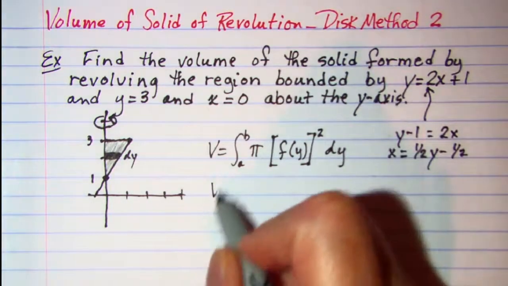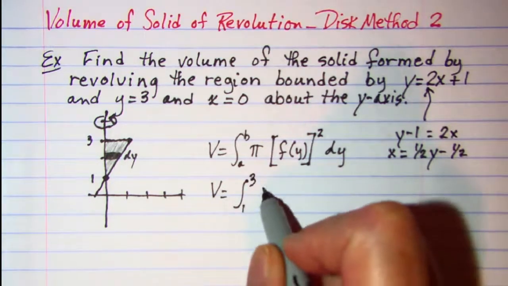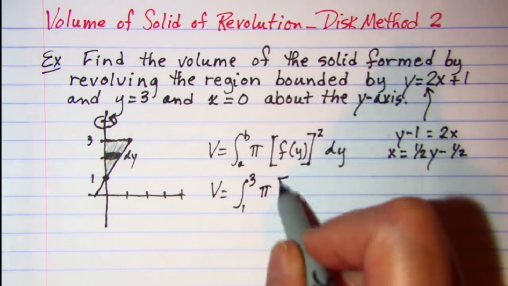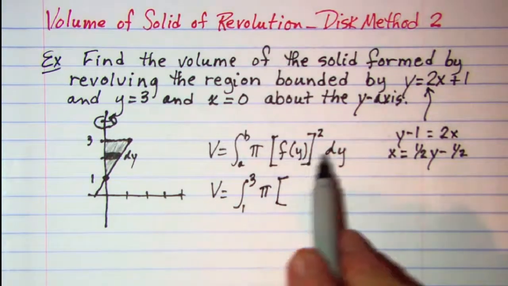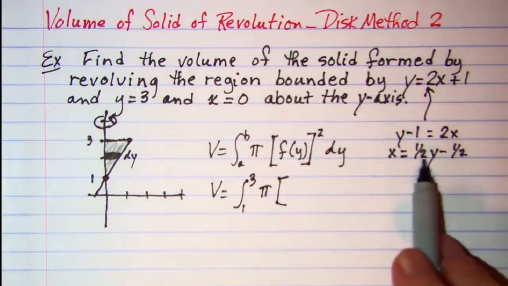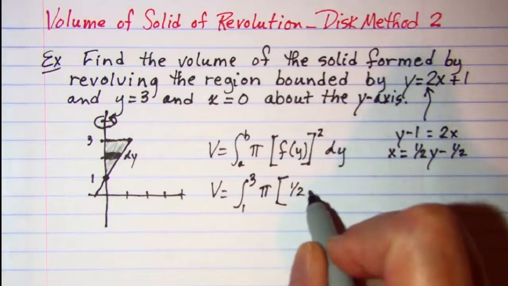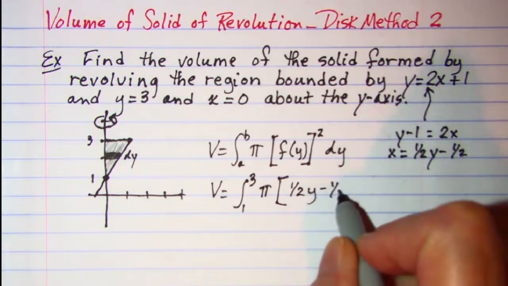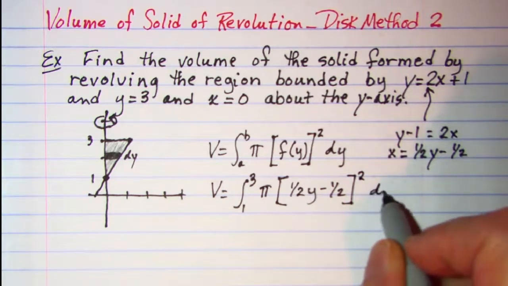So my volume is the integral from 1 to 3 of pi, and then I need to square my f of y. That would be 1/2 y minus 1/2 quantity squared dy.